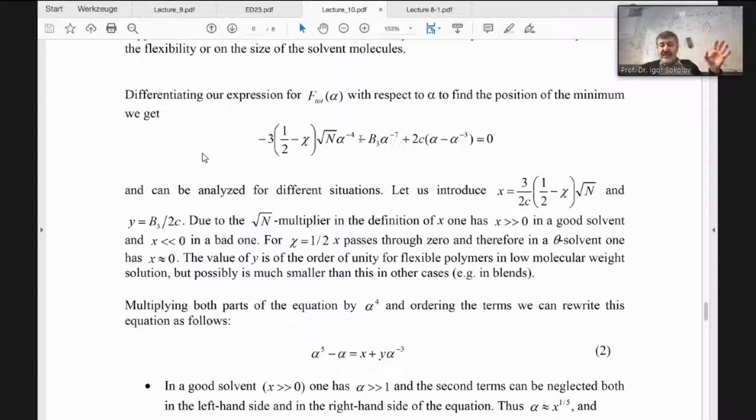X depends on chi. The sign of x depends on chi. Then there is the square root of n here. It depends on the degree of polymerization. And chi may change sign. Sorry, x may change sign depending on whether my chi is above 1/2 or below 1/2.